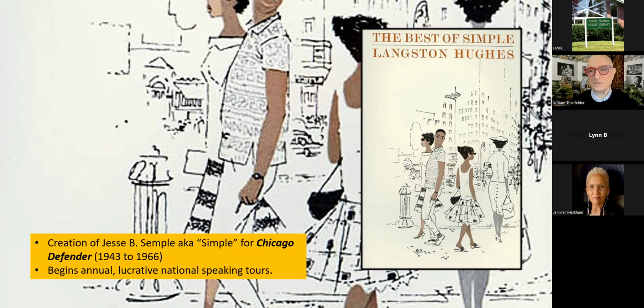This is kind of the same thing. Everybody wanted to read the next little story, the next little vignette in the Chicago Defender. And Langston's Semple stories ran for over 2 decades, from 1943 all the way to 1966, and proved to be some of his most popular work.